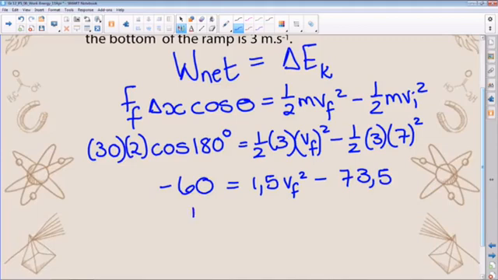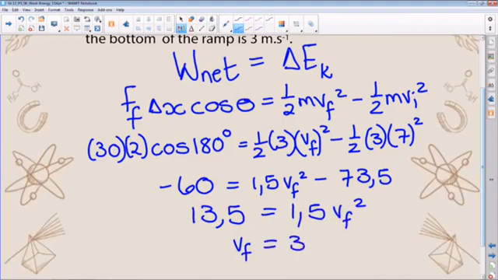So this gives me 13,5. From here, I would now divide by 1,5 on both sides, and then square root my answer. And you know what? You get 3. And it's 3 exactly. So I know I got the right answer. Yay, we're happy. First question done.